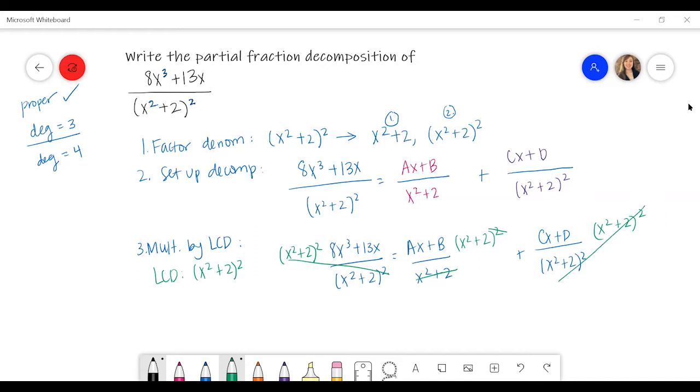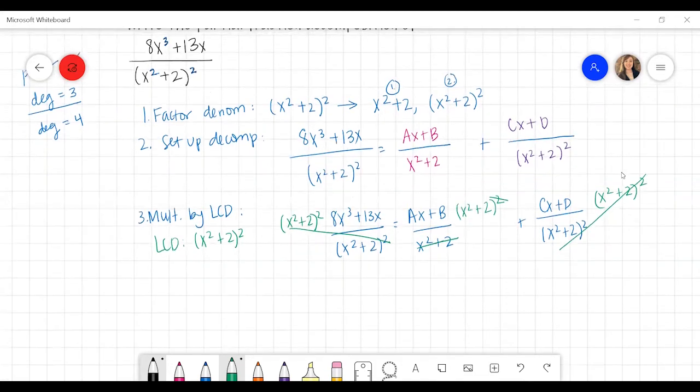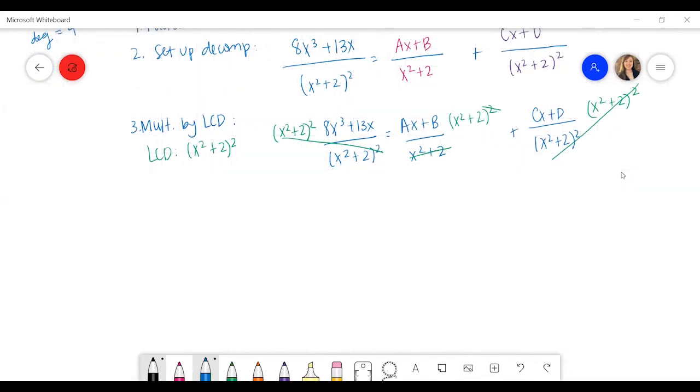Okay, so what are we actually left with? Well, I guess this is step 4, right? Simplify. So we've got 8x cubed plus 13x, and then we've got ax plus b times the remaining x squared plus 2, plus cx plus d.